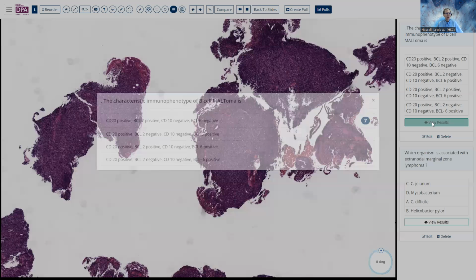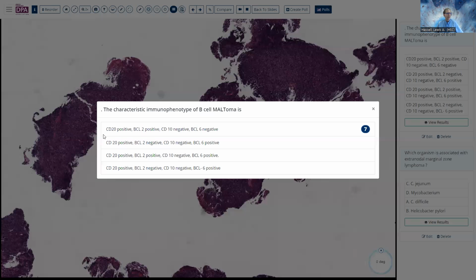And the immunophenotype in both these circumstances will be similar, where you'll have a CD20, BCL2 positive, and CD10 negative tumor.